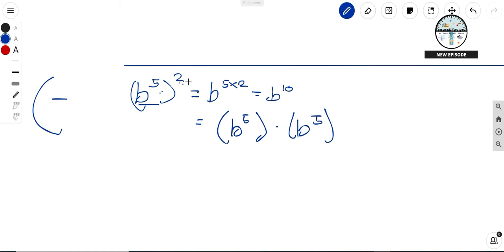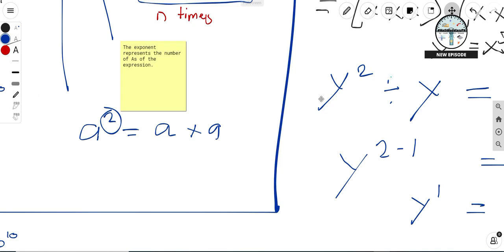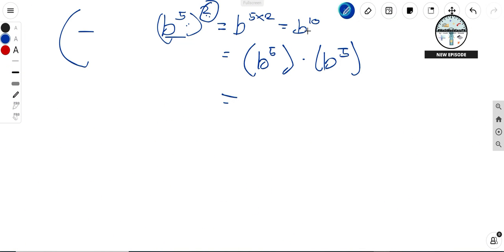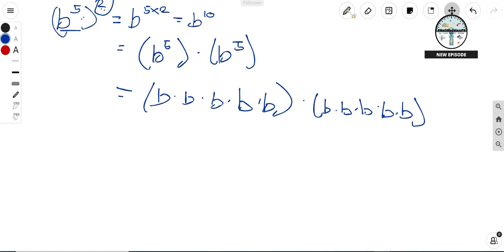As always, going back to the principle behind this, let us expand it: b times b times b, and we count the number of b's here: 1, 2, 3, 4, 5, 6, 7, 8, 9, 10.